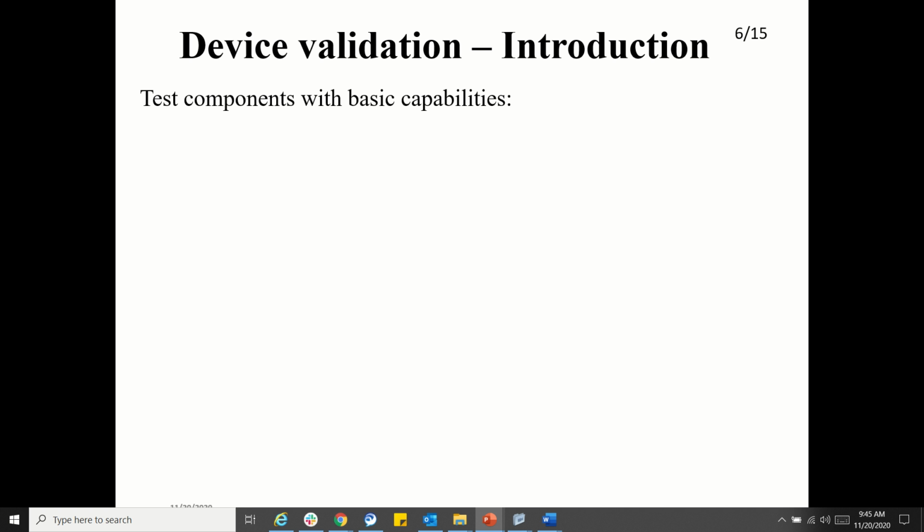So some parameters are to be measured, because if the device is not working properly, it is not serving its own purpose, and it is also disturbing other equipment.